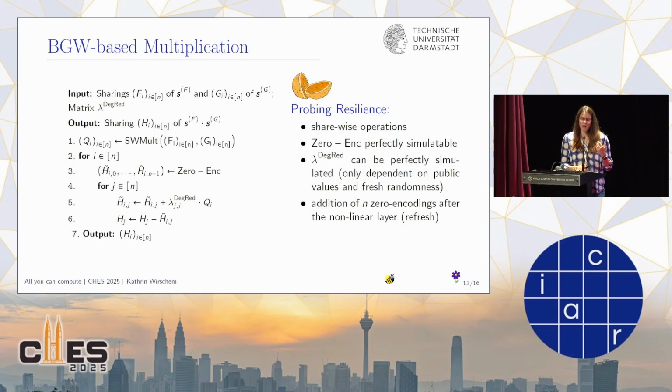This is due to the support points being public values, and we have freshly generated randomness which can be simulated. The degree reduction can be simulated as well, as I just mentioned, and in the end, we re-randomize. We have this refresh step after the nonlinear layer, which is the matrix multiplication.